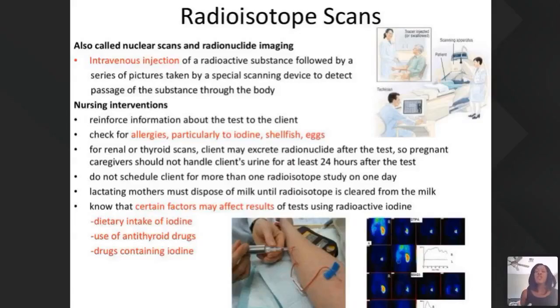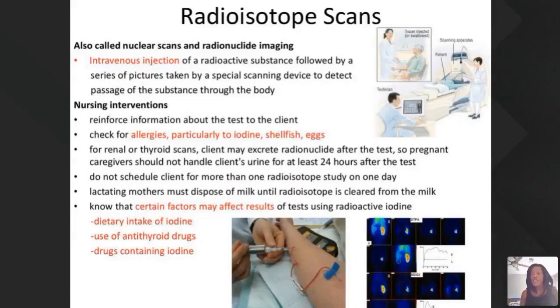By the way, as we go through these diagnostic tests, when we do the actual disease processes, you'll see how every disorder is diagnosed somehow. That is why this is a client needs category all by itself, because there is not one disease, one disorder. If you take a few seconds now to think of any disorder, there is a way that it is diagnosed. We don't just poof it out of the air.